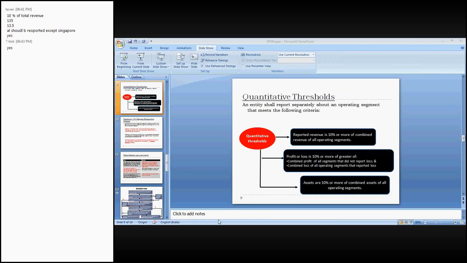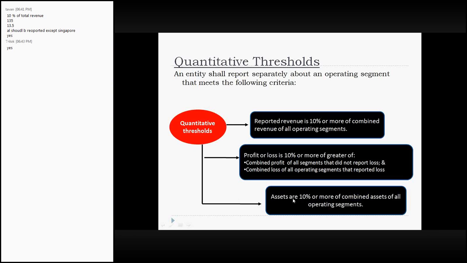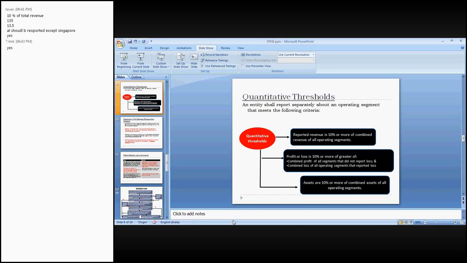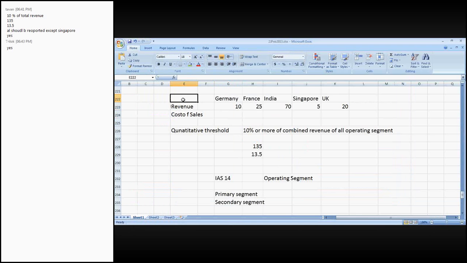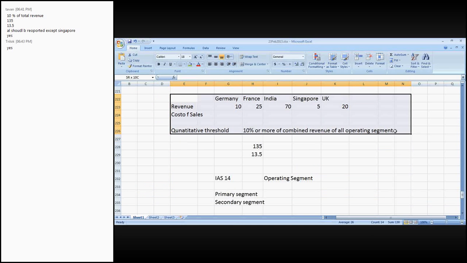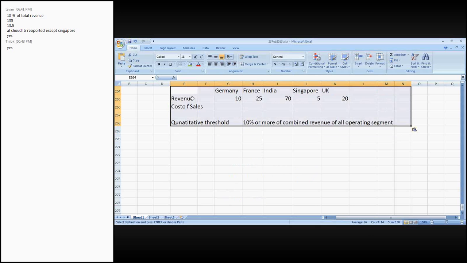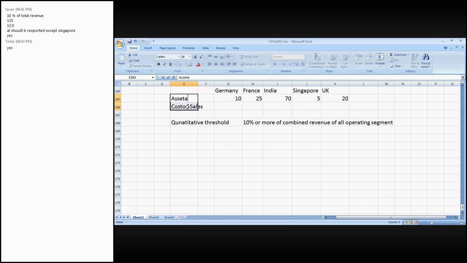Now read the second quantitative threshold. Okay, before the second, first read the third. Assets are 10% or more of combined assets of all reporting segments. That is, instead of revenue, I consider them as assets. 10 million, 25 million, 70 million, 5 million.